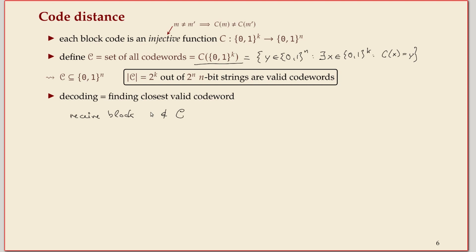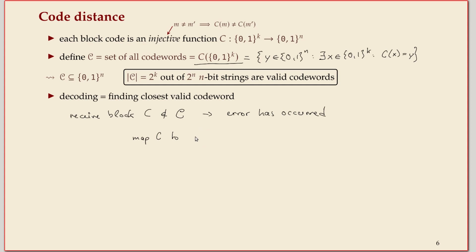This is the curly C, the set of all code words. And if this is not one of those, we know some error has occurred. And moreover, we can decode c.